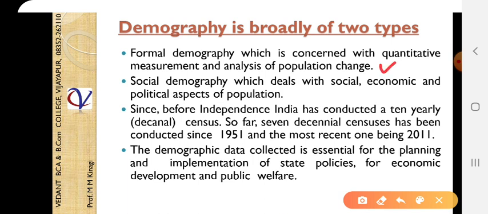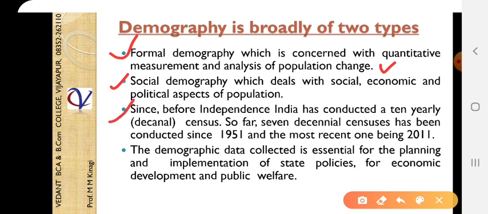Second, social demographic, which deals with the social, economic, and political aspects of the population, so how the increase in population is impacting them.